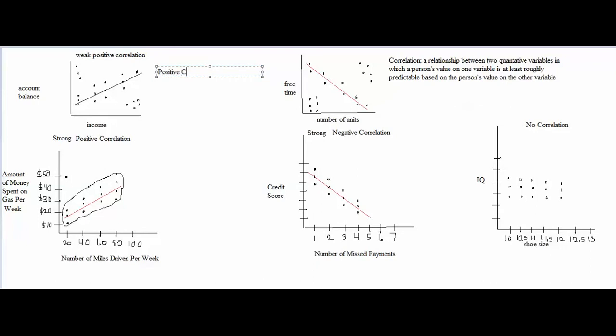So positive correlation is a correlation in which people with higher values on one variable tend to also have higher values on the other variable.